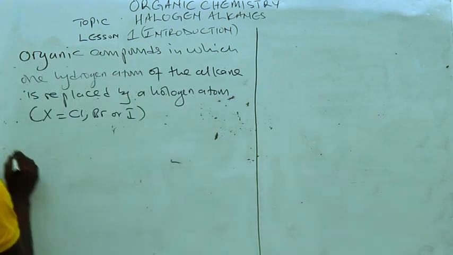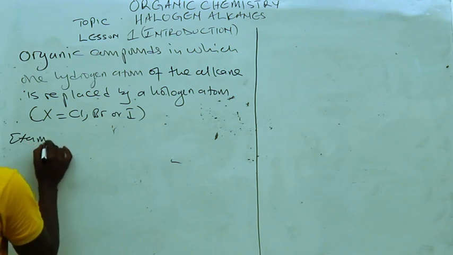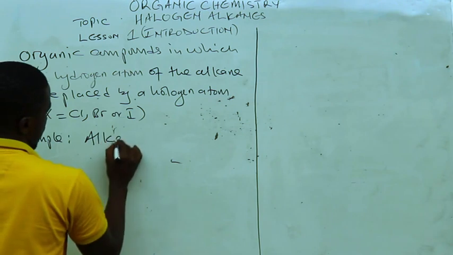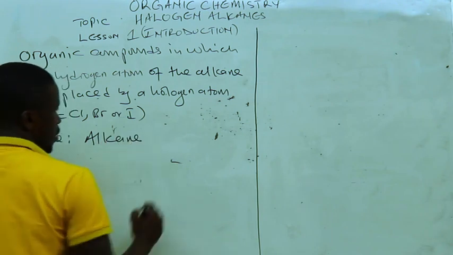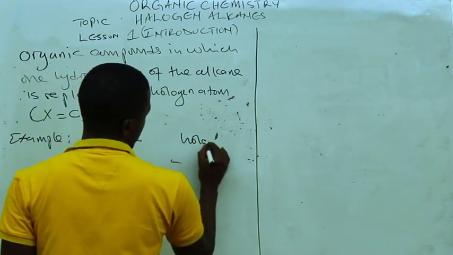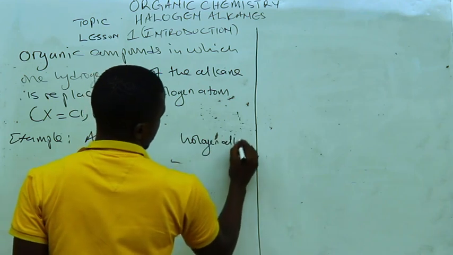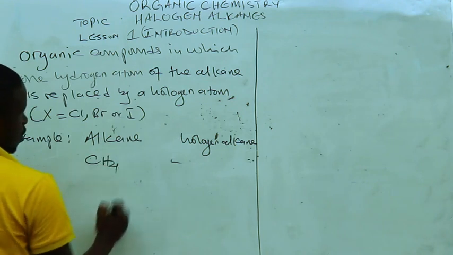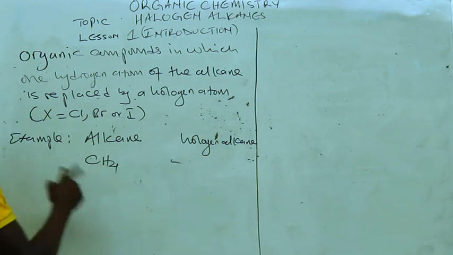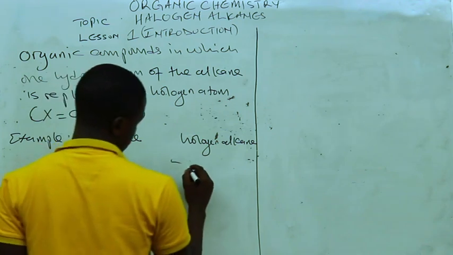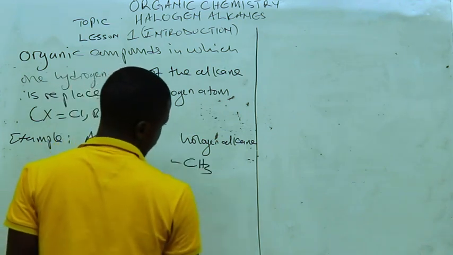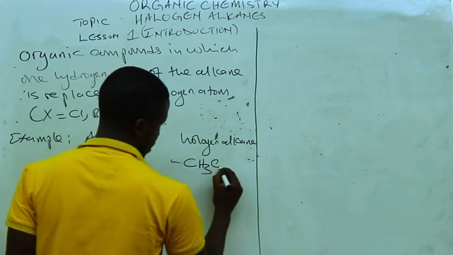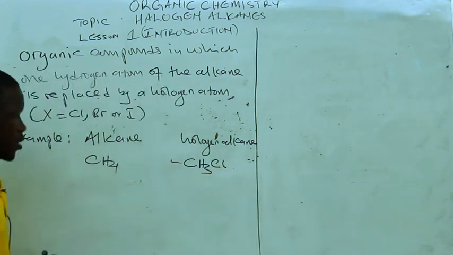For example, this is the alkane, but this is the halogen alkane. You have methane, but then one hydrogen atom is substituted, so you remain with the 3 of them, and the hydrogen atom is substituted by a halogen atom like chlorine.